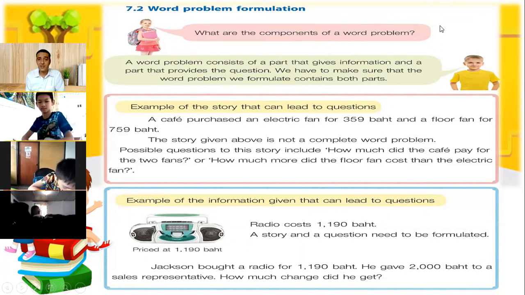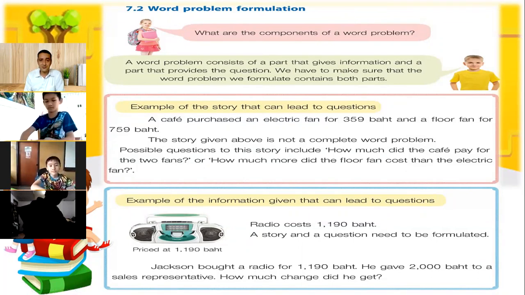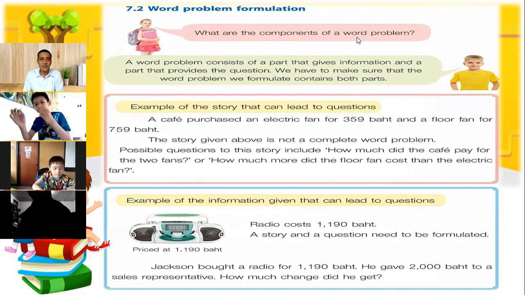Okay, so now we are going to learn about word problem formulation. First of all, we have to learn what the components of word problems are. Here you have to look carefully. Each problem has different information. Word problems consist of parts.